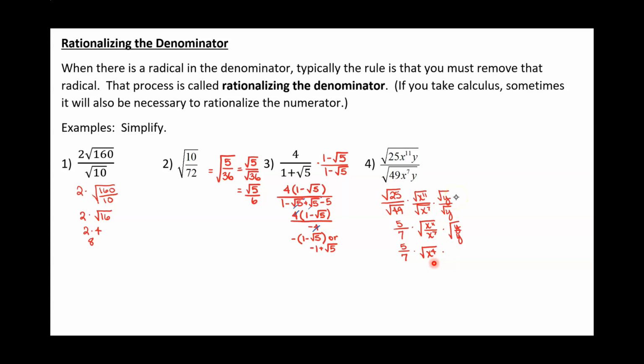Similarly, over here, if I combine the square root of y over the square root of y and do one radical, y over y would just be 1. They would drop each other out, and so I would just have the square root of 1. All right, so we're going to keep our 5/7 as it is. The square root of x to the 4th would be x squared, and the square root of 1 would just be 1. So in my numerator, I'm going to have 5x squared, and in my denominator, I'm going to have 7.